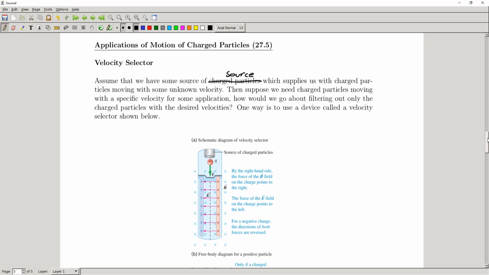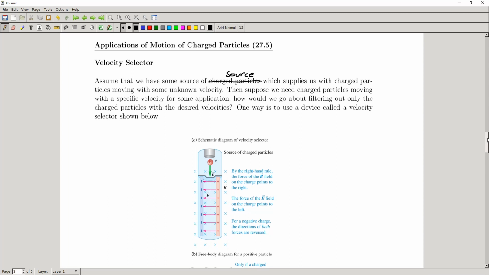We're also going to use electric fields in some of them, in interesting ways, both at the same time, that let us do some interesting things, and they led to some very profound discoveries in the late 1800s that really shaped a lot of our understanding of physics going forward. It also still plays an important role today in some of the equipment that we use in physics and chemistry. So let's take a look at this really quickly.